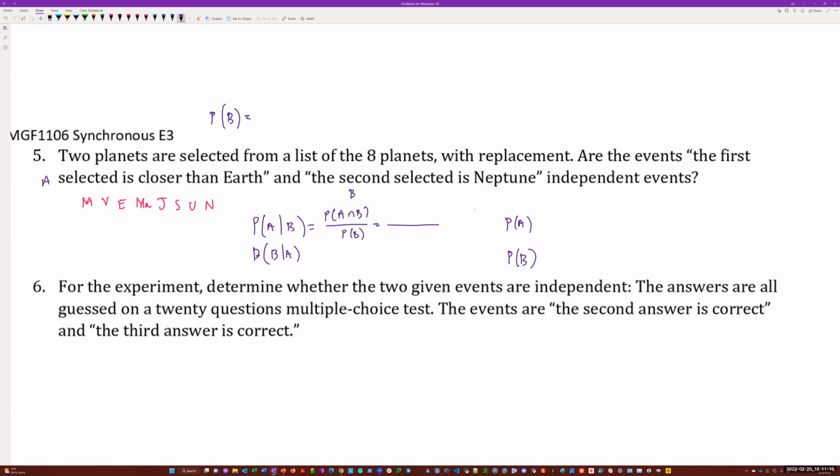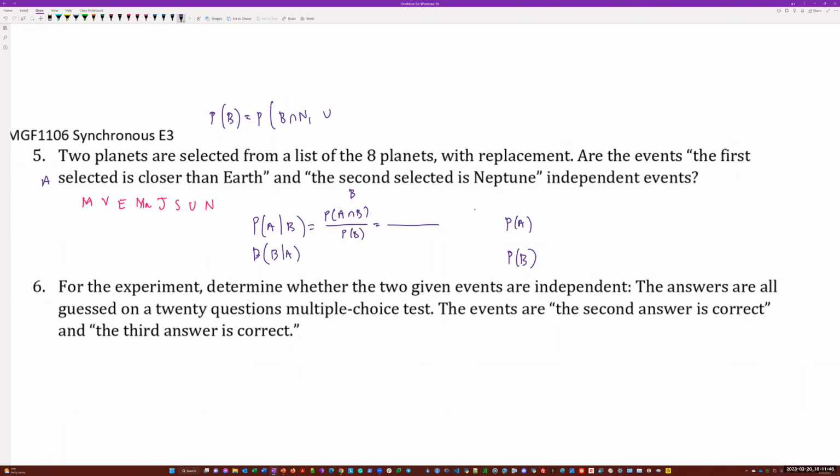Does that make sense? So first I'm going to do the probability that the second selected is Neptune, given the fact that the first one is Neptune, times the chances that the first one is Neptune. Well, let's write it this way, I'm sorry. The probability that the second selected is Neptune and the first one is Neptune.